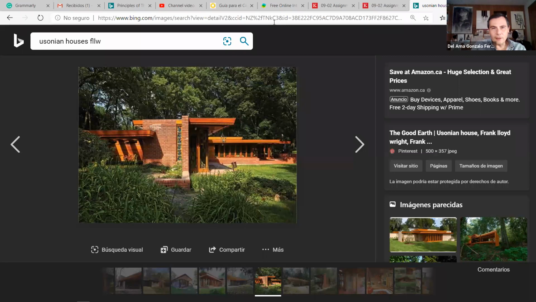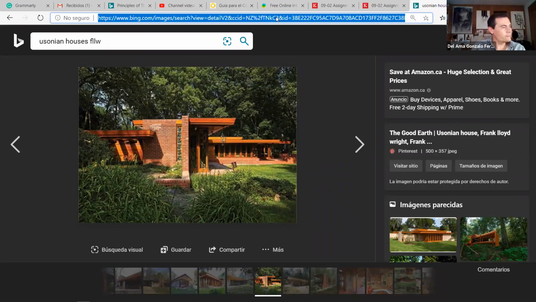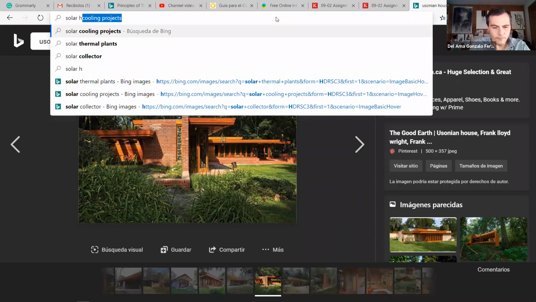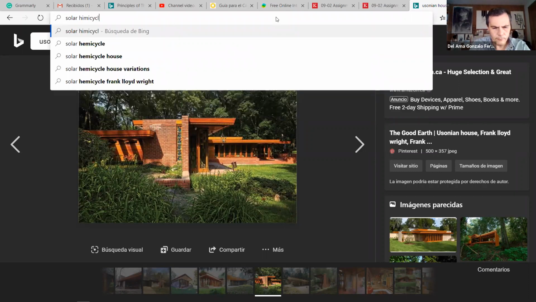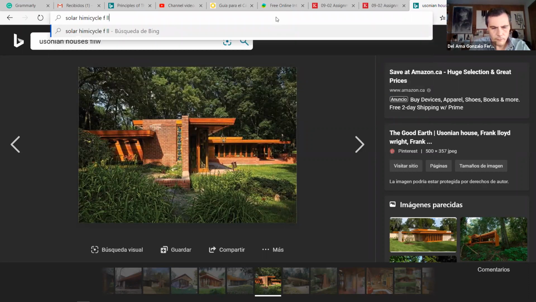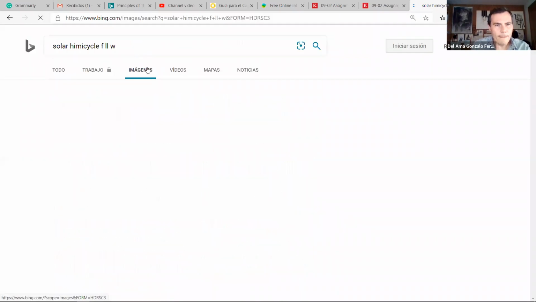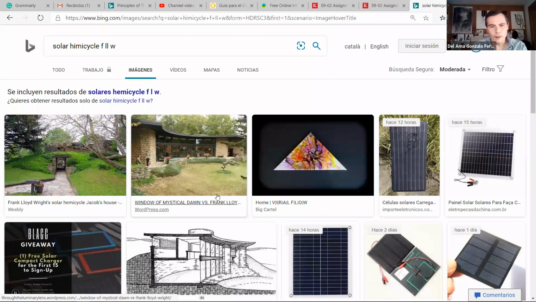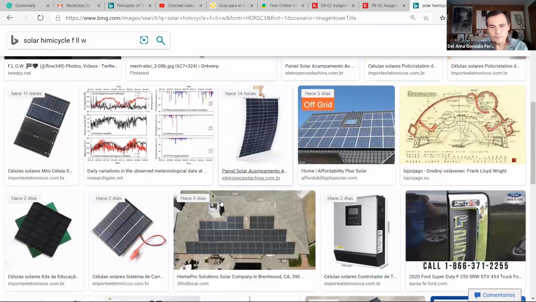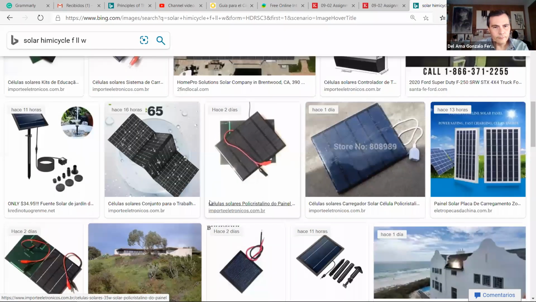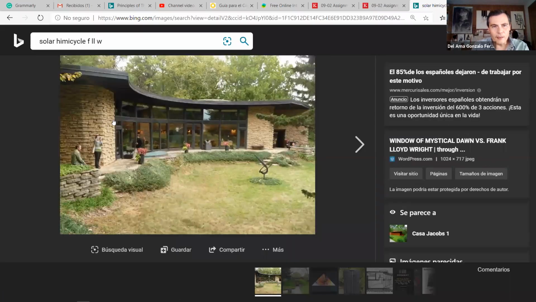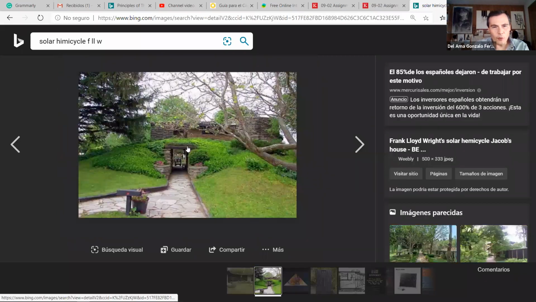The building I like the most of all these Usonian houses is the solar hemicycle, yes, this one. Okay, this is the south elevation, and this is the north elevation.